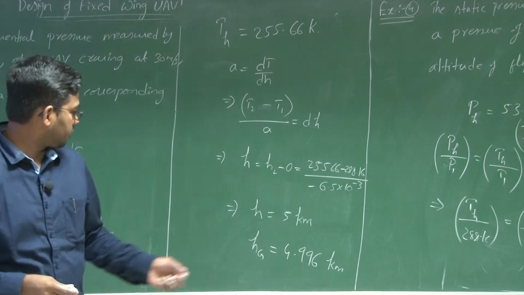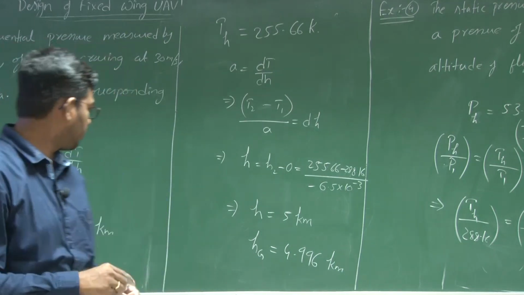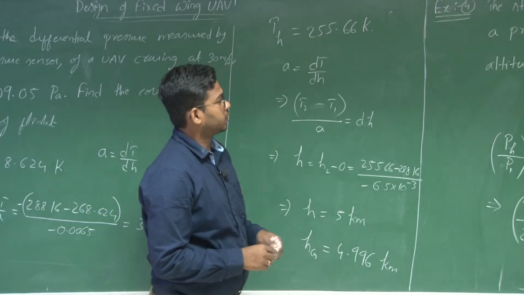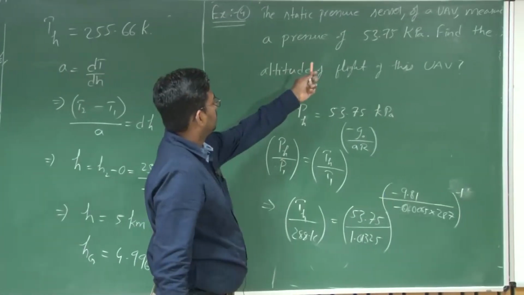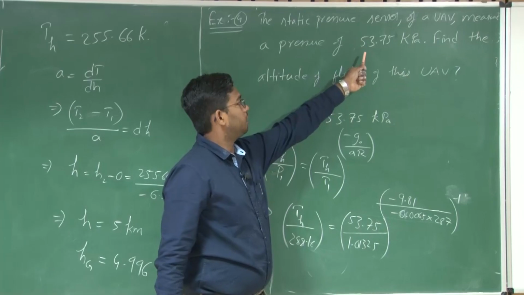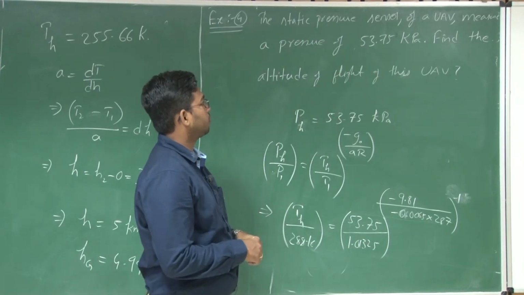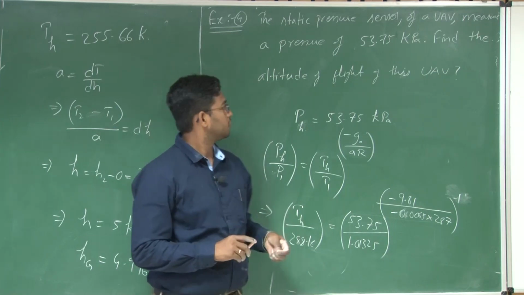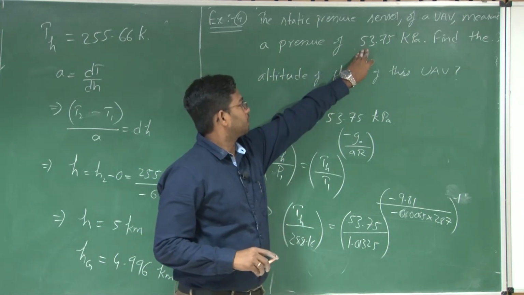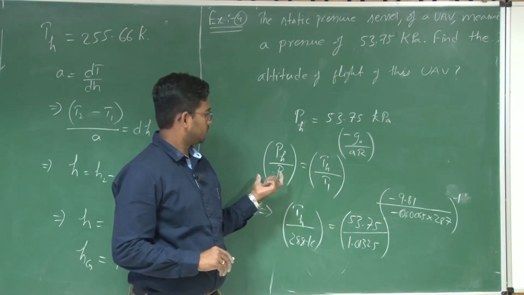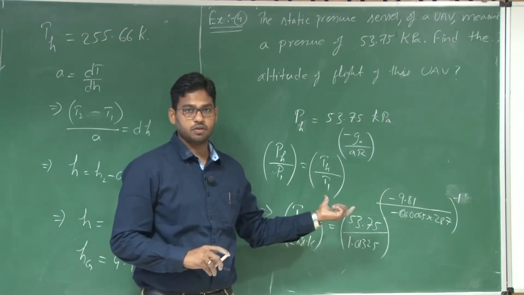Right, and the corresponding geometric altitude is approximately 4.996 kilometers. So, what we have done here: in the question it is mentioned we have static pressure data from the sensor, which is about 53.75 kilopascals. By using this static pressure, we found the corresponding temperature at that altitude, by using the gradient layer equation.